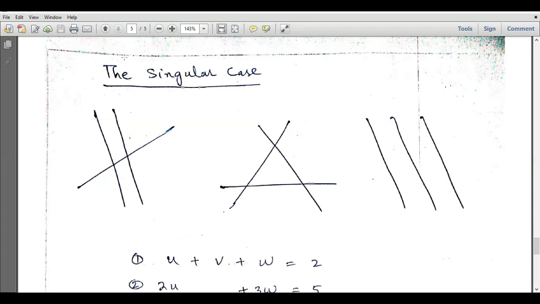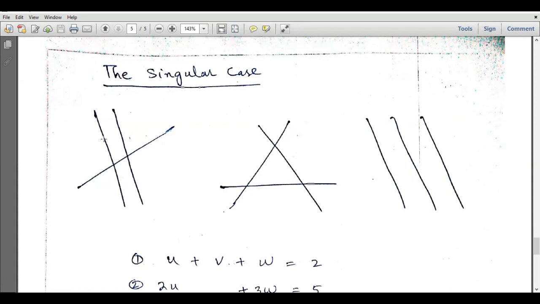But not all the time are all three planes intersecting at one common point, and that case is called the singular case. And if we have such singularity, a definite or concrete solution of those three equations will not be possible.